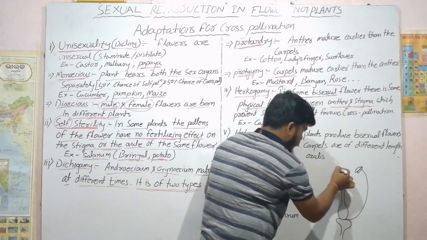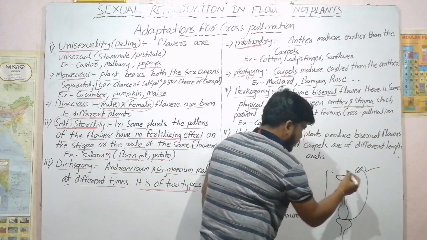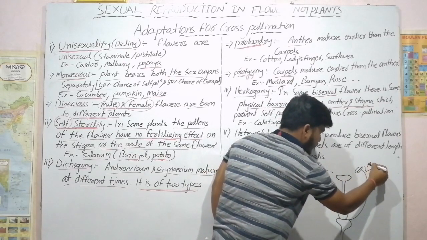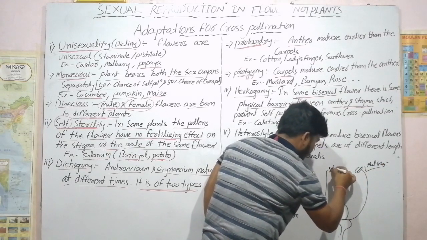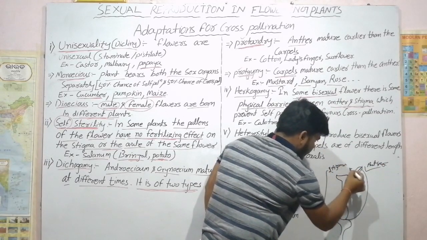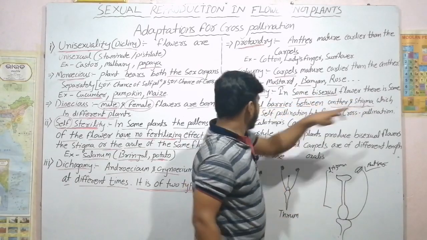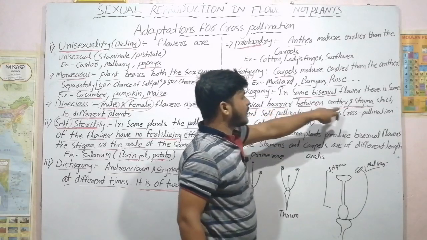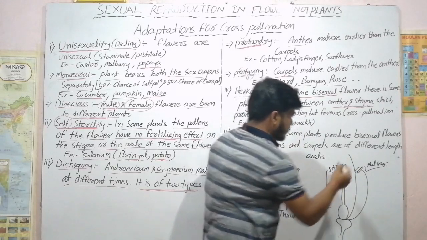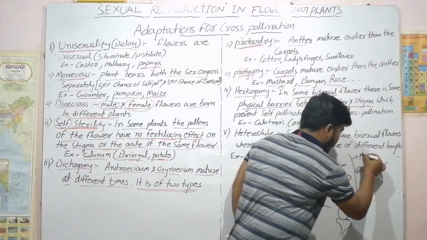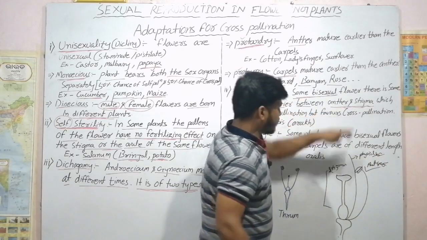Your female reproductive whorl is present and male reproductive whorl is present, and your anther is present over here and stigma is present over here. And it told you that in some bisexual flowers there is some physical barrier between anther and stigma, and here a physical barrier is present. That means here is your physical barrier in between anther and stigma.